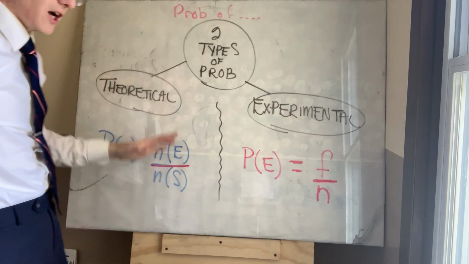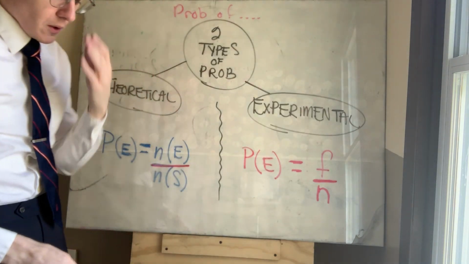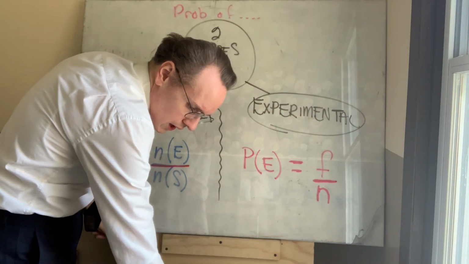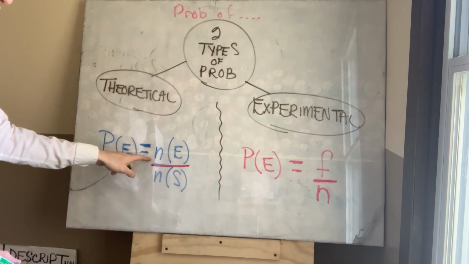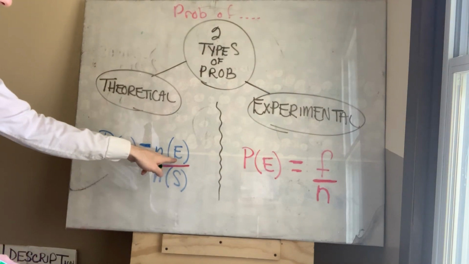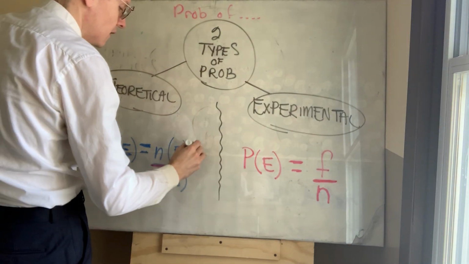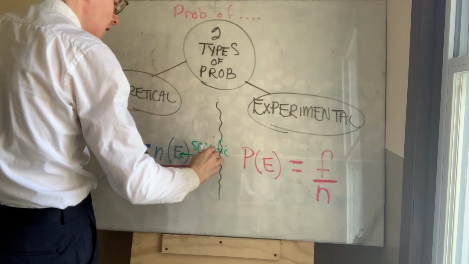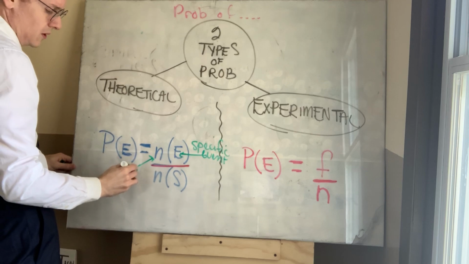All right? Anyhow, if a person is told to use theoretical probability, or they decide based upon the conditions of whatever they're doing, the question, that this is more appropriate than that, then this is how you would read this, right? N as in number, and E as in the specific type of event. That is a number.